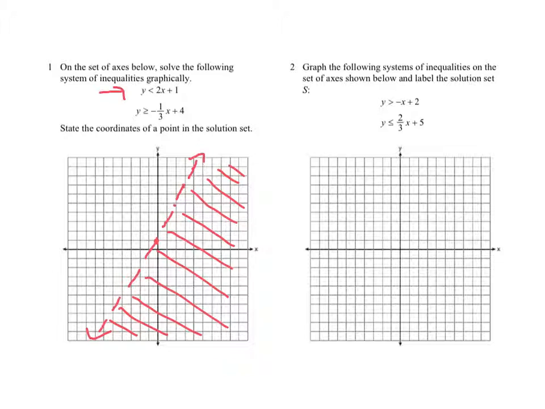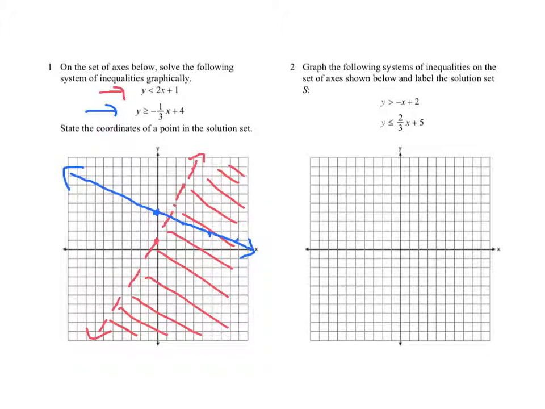And then I'm going to use blue for the second line, so we're going to graph that at plus 4. And then the slope is negative 1/3, so down 1 over 3. Okay, and then we'll draw that line.